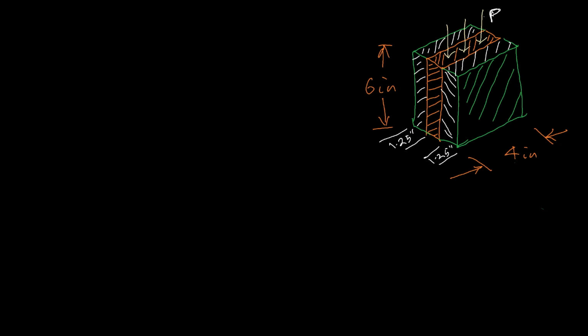We are supposed to find out the stiffness constant K, which is defined by the applied force P over delta. And this delta is the total deflection that P goes through.